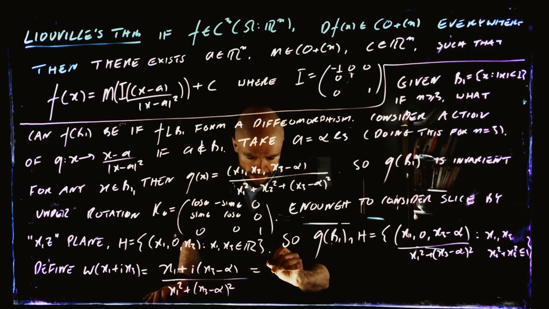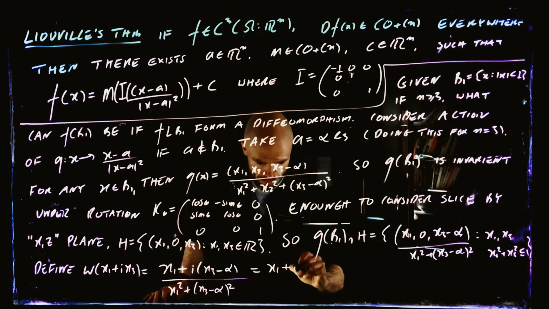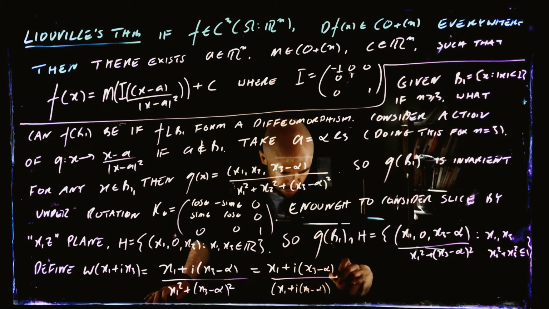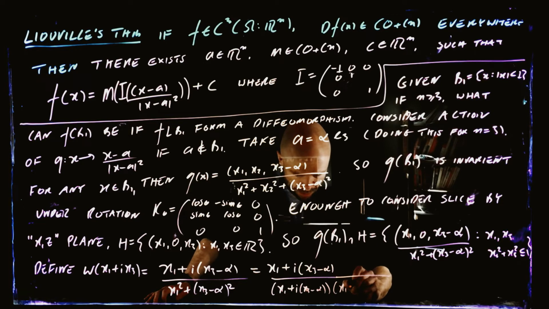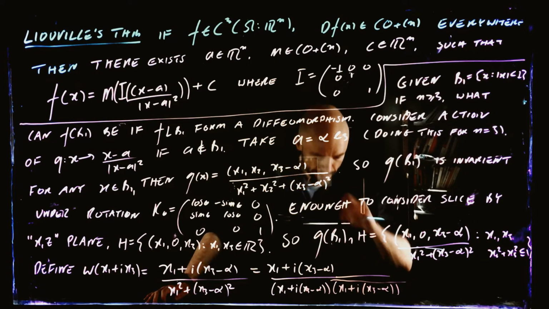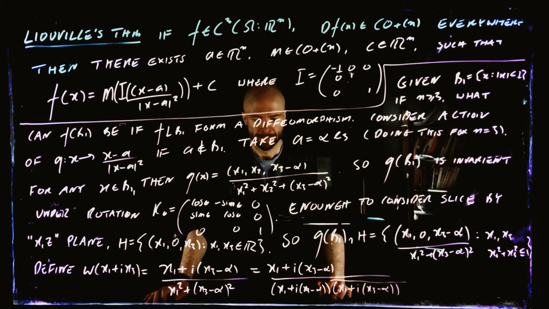Let me write it like this. This is the same as x1 plus I x3 minus alpha times x1 plus I x3 minus alpha complex conjugate, right?